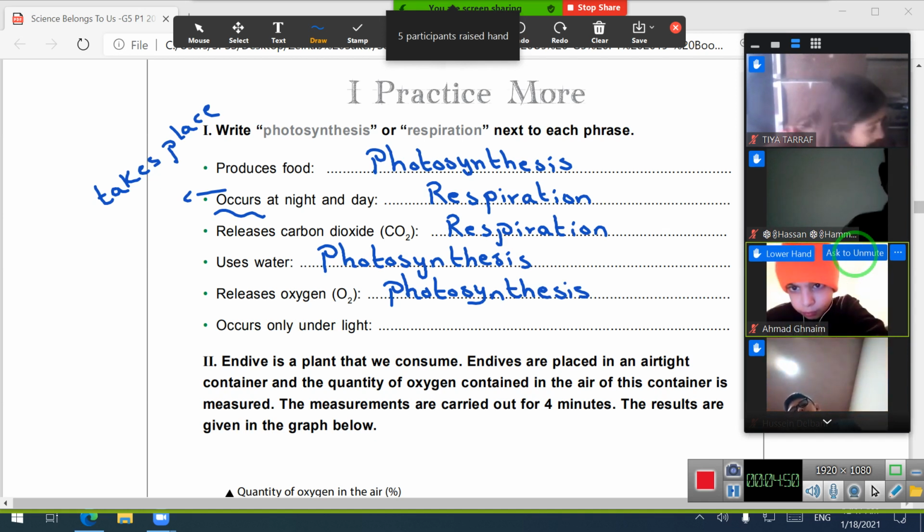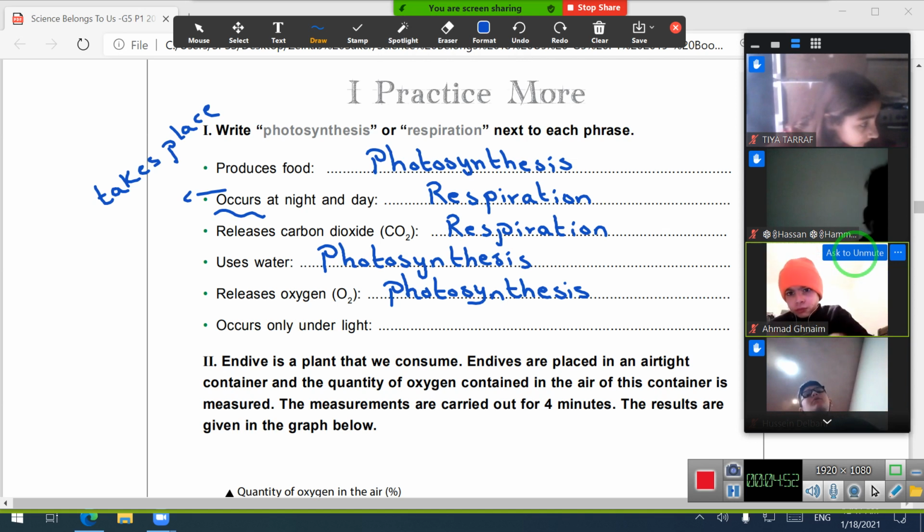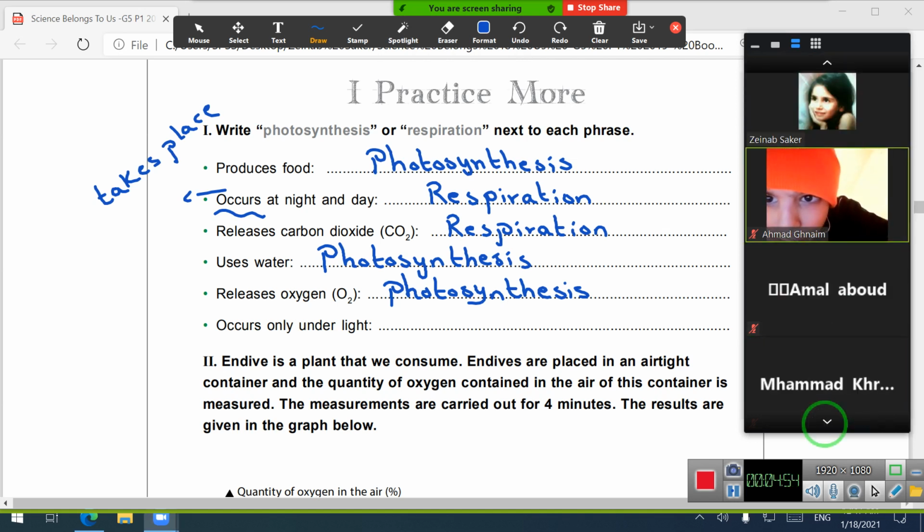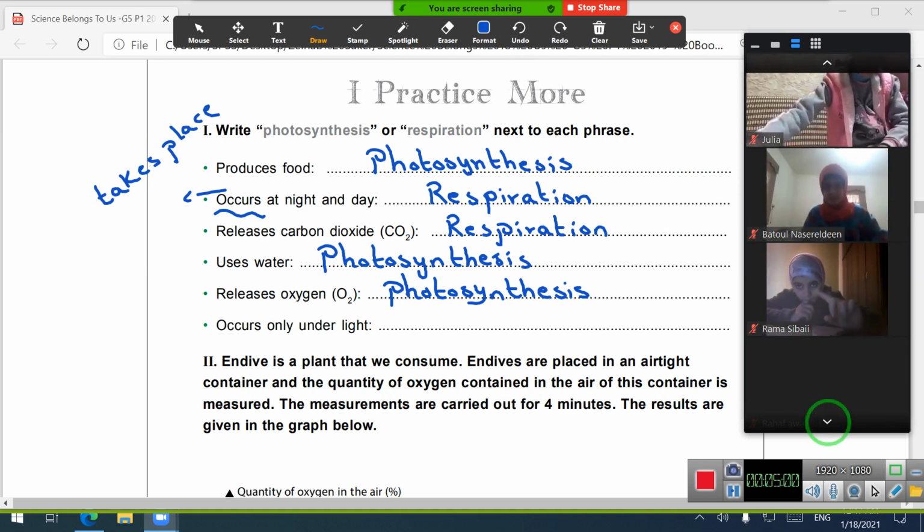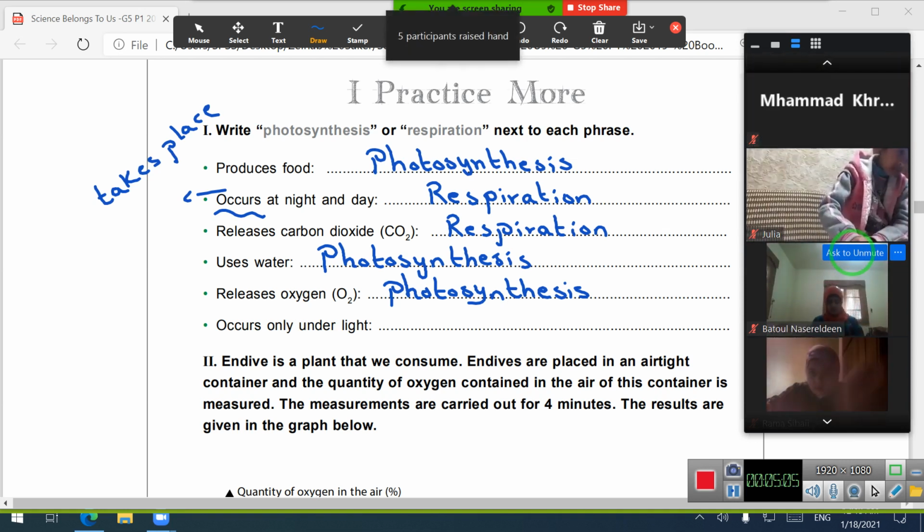Look at the last one. It is so easy. Which process occurs only under light? It needs light to be done. Rama, which process needs light?